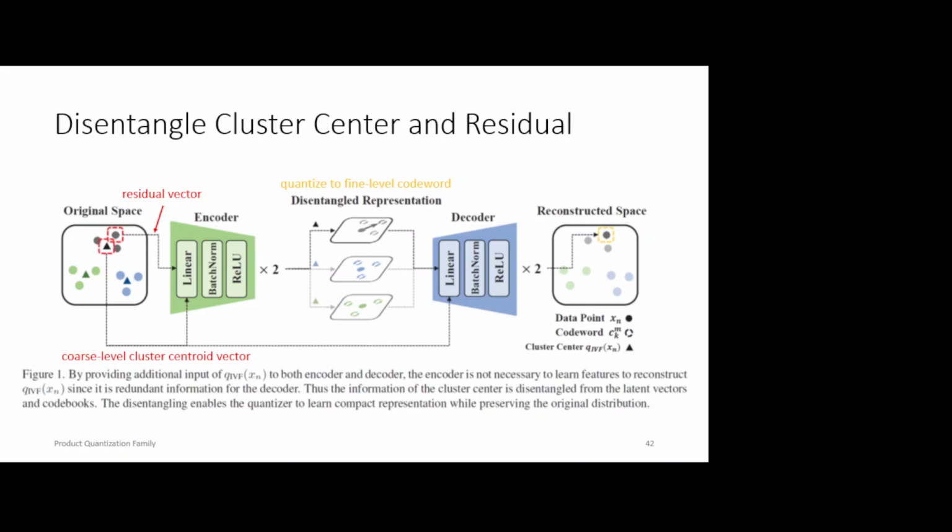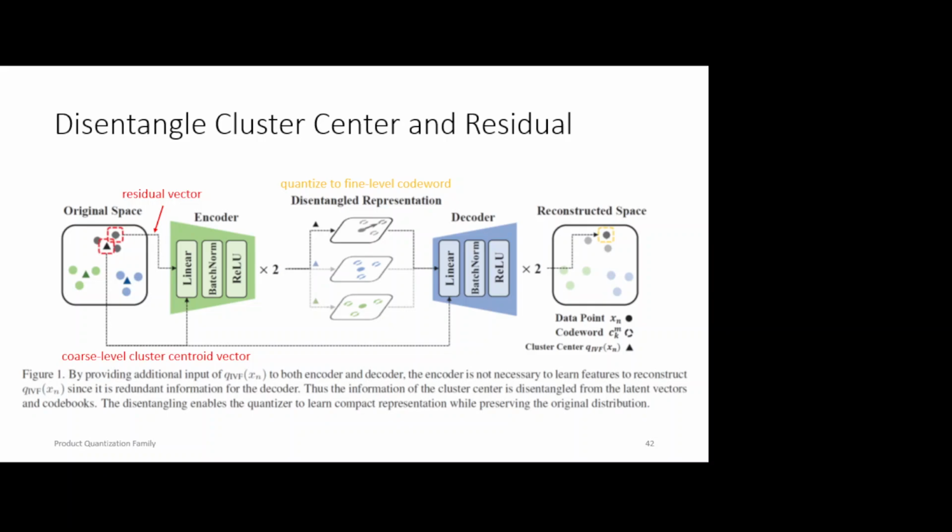So this idea is also very simple. You just decompose the original vector into a cluster vector and the residual vector, and do the encoding and decoding. But they also show that this disentangled process can make your reconstruction better, because in your encoder decoder, you just need to focus on the cluster residual space.